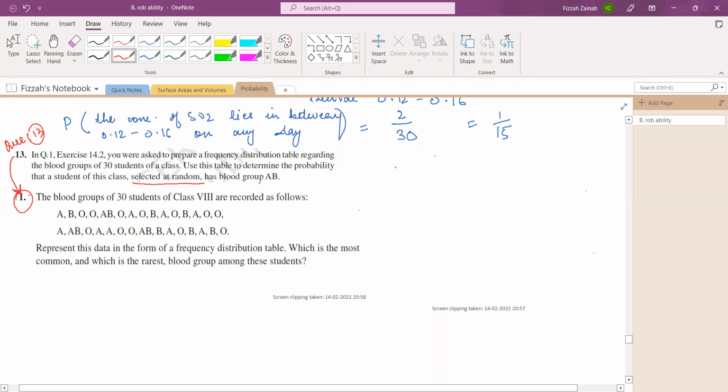Now, having the blood group AB. So this is the data. First of all, you need the total number of students. How many students are there in this data? 30. Yes. Now, the number of students having blood group AB.